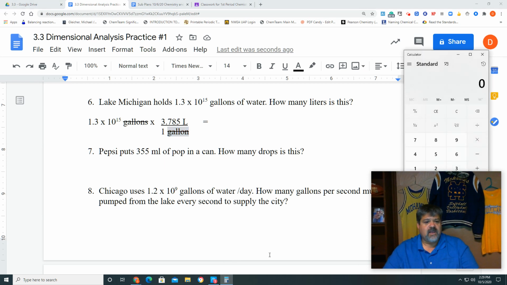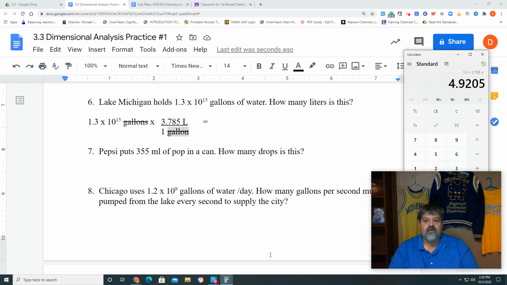So we're going to pull that up and put in our 1.3. Now, I could use the scientific calculator. If you have that, that's fine. I don't have that, so what I'm going to do is take this number and multiply it by 3.785. Oh, excuse me, 1.3, and we're going to multiply that by 3.785.